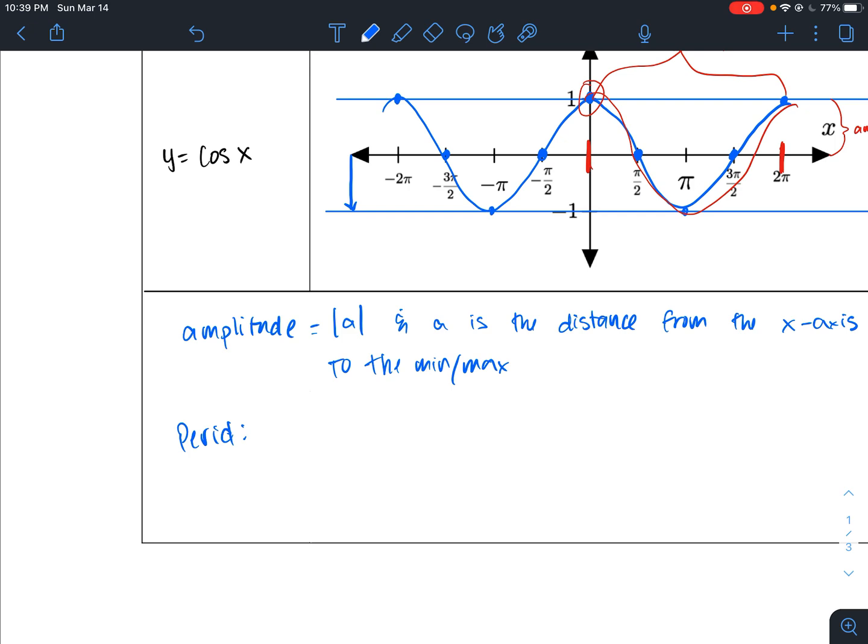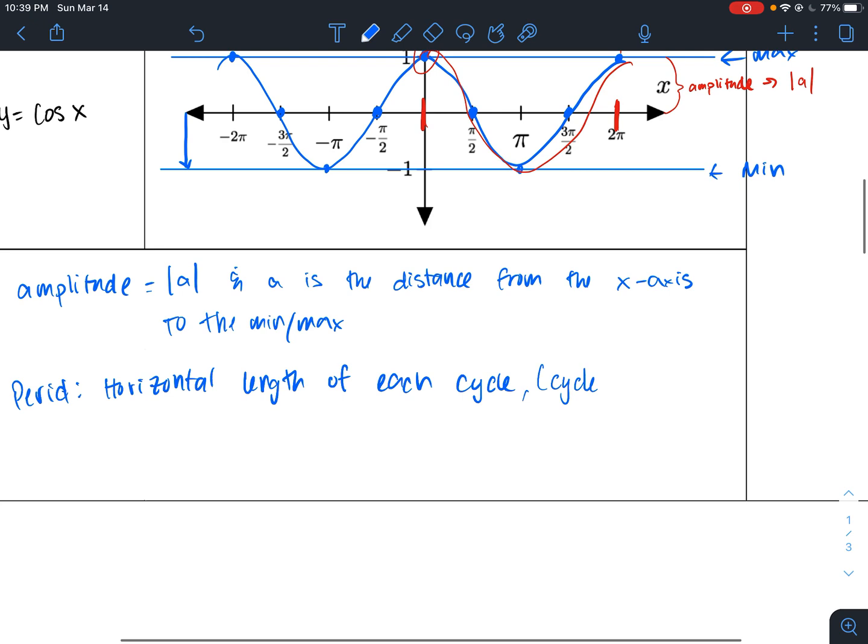is, I guess what it means, it's like the horizontal length of each cycle. Cycle means how long it takes for it to repeat its pattern.